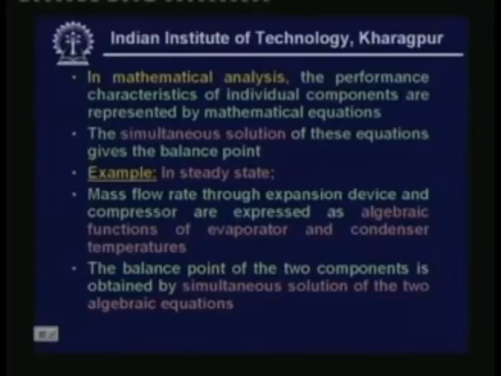So in order to find the balance point, we have to simultaneously solve these two algebraic equations. At balance point, as you know, the mass flow rate through compressor is equal to mass flow rate through the capillary. So that is the condition we have to apply to these two equations, and we have to find out the values of evaporator and condenser temperature at which this balance takes place. So that is the balance point, and this is the method of mathematical analysis.